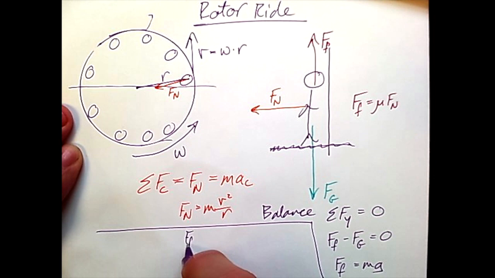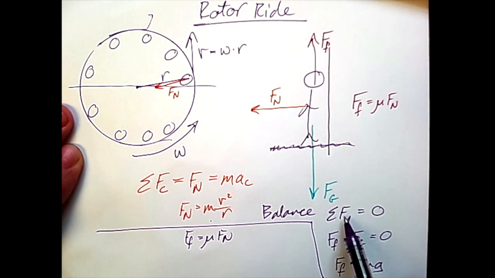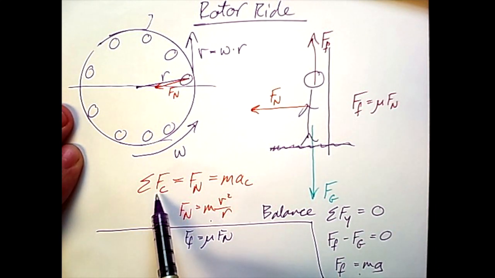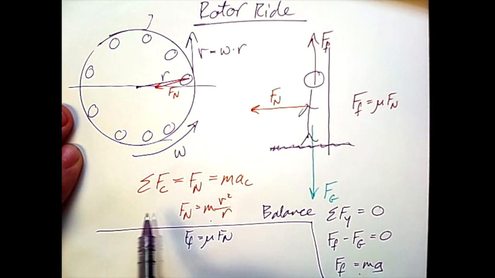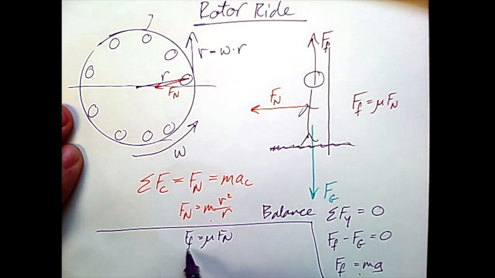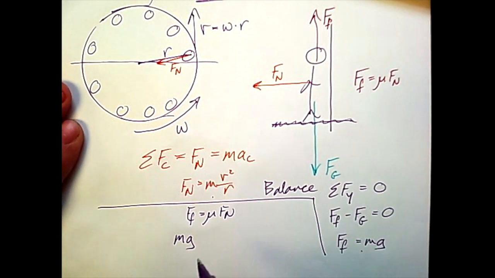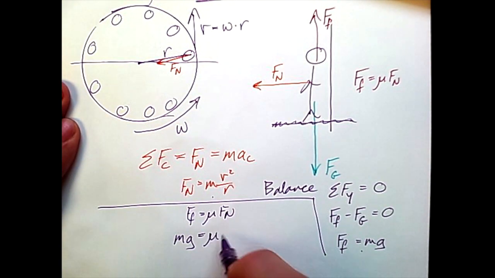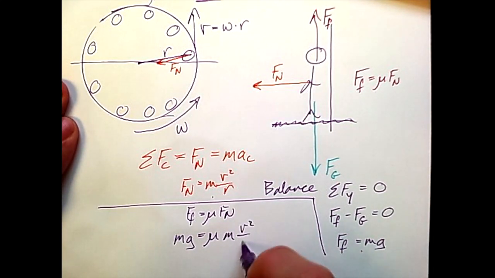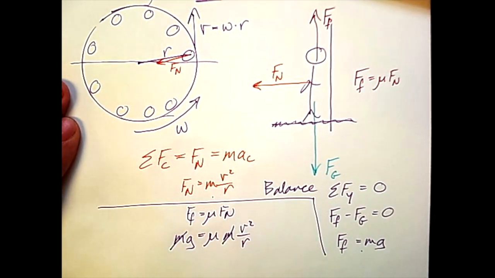F of f equals mu times F of n, and then we take these two things that we've derived through the summation of the vertical forces and the summation of the horizontal, which also happens to be the centripetal forces, in order to come up with the fact that mass times gravity is equal to mu times mass times v squared over r. And the first thing that we notice is that m cancels on both sides.